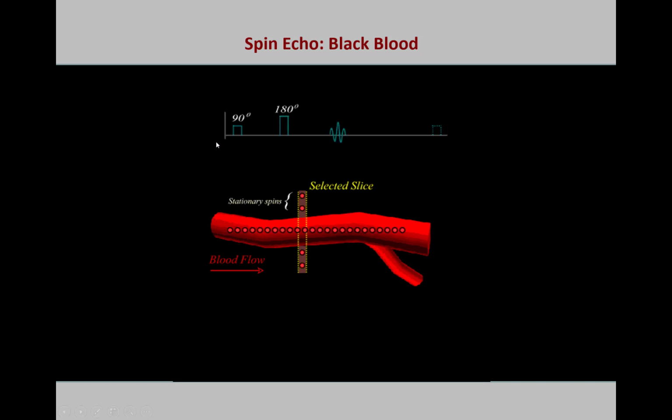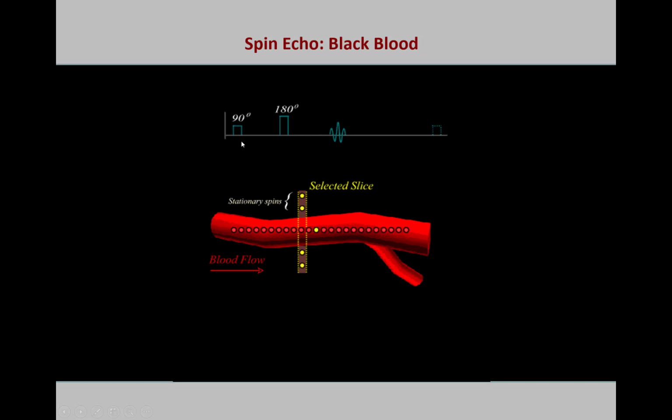With a spin echo sequence, as per usual, we have a 90-degree pulse, a 180-degree pulse, and then we receive an echo, and we repeat every TR period. Okay. So in the stationary slice, a spin that's not moving is going to be affected by both the 90-degree pulse and the 180-degree pulse.